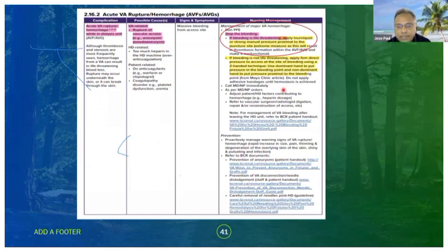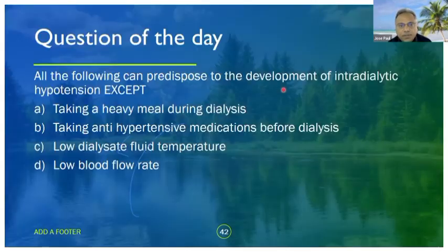So this patient cannot be kept in a dialysis unit. This has to be shifted into an intensive care unit. You need to have access to vascular surgeons and other surgical options as well. So I have gone through some of the most common complications that you encounter during dialysis.